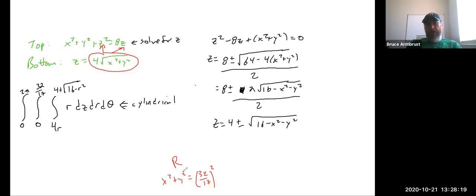Now let's think about doing this in spherical. Now, spherical, we're going to have to think a little bit more about this. Let's start by drawing a picture of it. We already had the cone, but now this sphere isn't centered at the tip of the cone, it's off to the side.